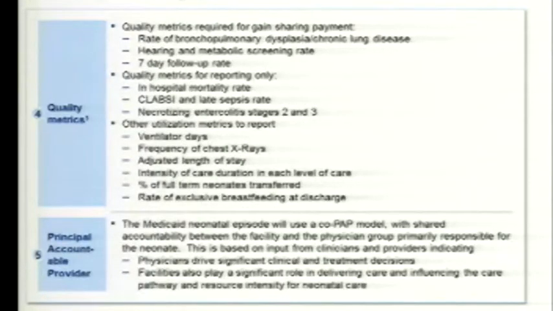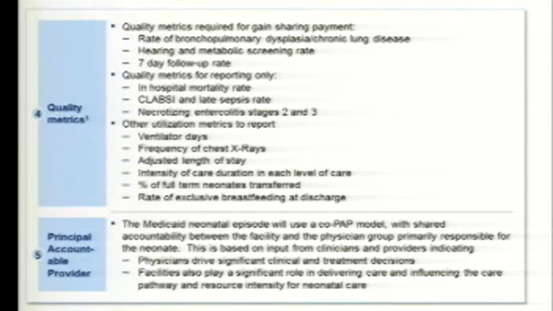So we're going to be doing things like, and this will be gone into more depth later, the rate of bronchopulmonary dysplasia, the rate of hearing and metabolic screens, and 7-day follow-up, whether the children are getting seen within 7 days of discharge from their neonatal care episode. Those 3 metrics would be for gain sharing. There'll be some quality metrics for reporting: mortality rates, infection rates, NEC rates, which are currently very low.